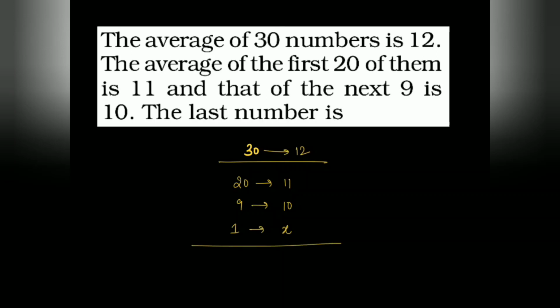You can do it in a normal way. So every question can also be done in a normal way. So in a normal way, how do we do it? We find out the sum, that is 360. We find out the sum here, 220. We find out the sum here, 90. So 220 plus 90 is 310. So how much more do we need? We need 50 more. Therefore that number is 50.